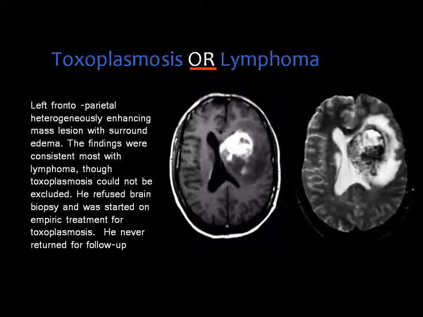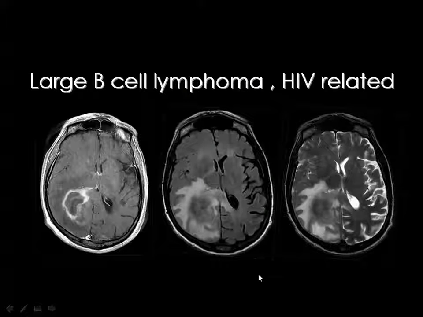But actually, they cannot reach the differential diagnosis between toxoplasma and lymphoma unless the lesion is biopsied. And this is the only confirmatory maneuver to differentiate between both, because the treatment actually is different. And here is the pathologically proved large B-cell lymphoma in an HIV patient, and they see the enhancement pattern.